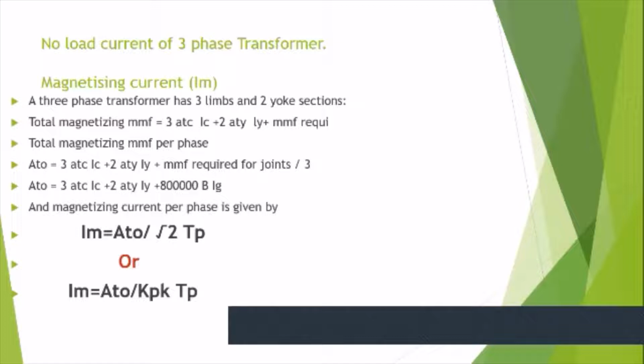In a single-phase transformer, there are only two yokes and two limbs, and in a three-phase transformer, it has three limbs plus two yokes. So that is the main difference between a single-phase transformer and a three-phase transformer.